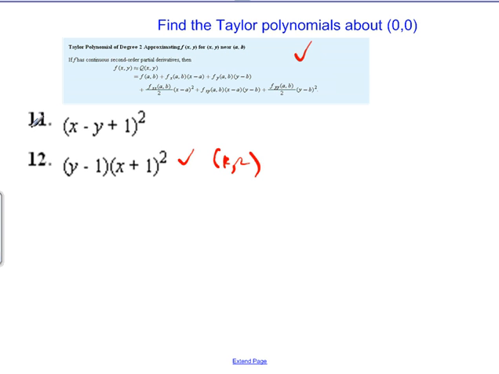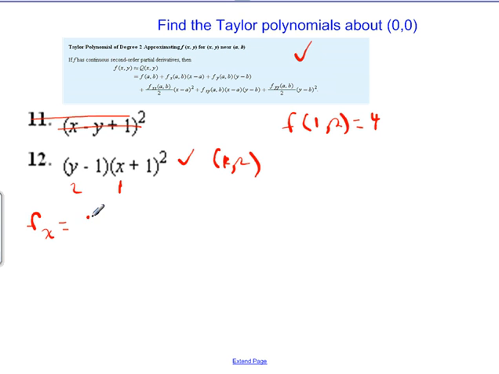We know that f of 1 comma 2, plugging these points in, will equal 4. Now we have to find the partial derivatives.